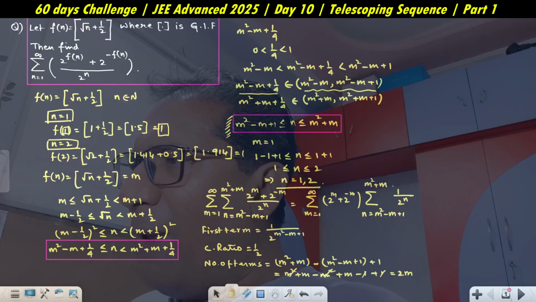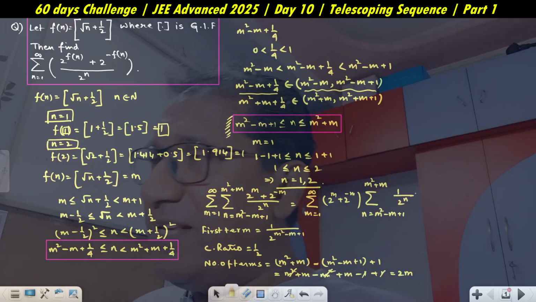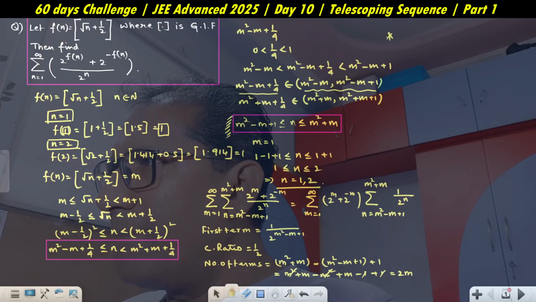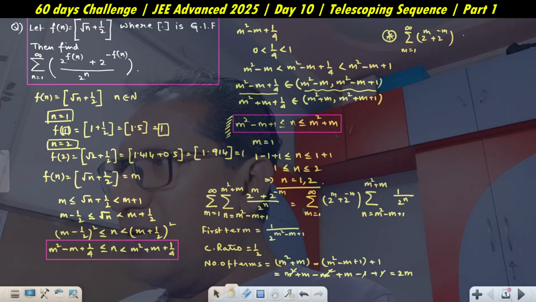So if I apply the formula for finding out the sum of a GP series, the inner sigma, I'm writing it here. So the thing becomes something like this. m is from 1 to infinity, 2 to the power m plus 2 to the power minus m. And I'm applying the GP summation formula.